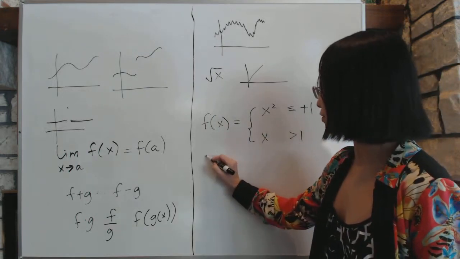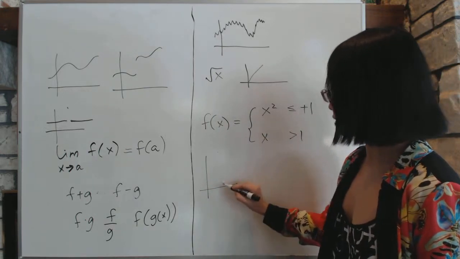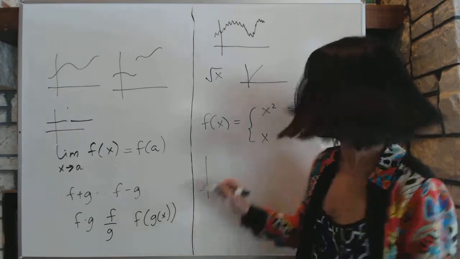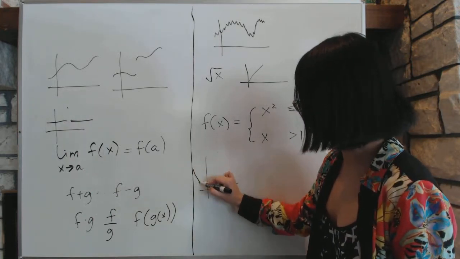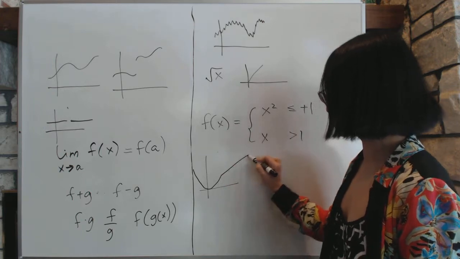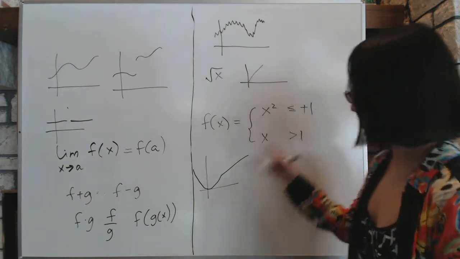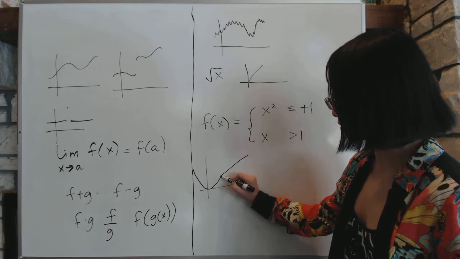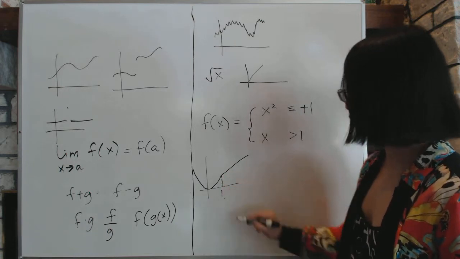Exactly. The graph of this thing goes like this. You draw the x squared line graph, which is the parabola, until you reach 1, and then you suddenly take a different turn and go that way, and this is exactly at 1. So why is it continuous?